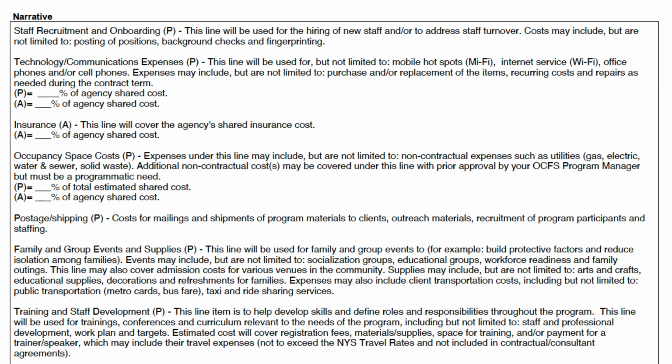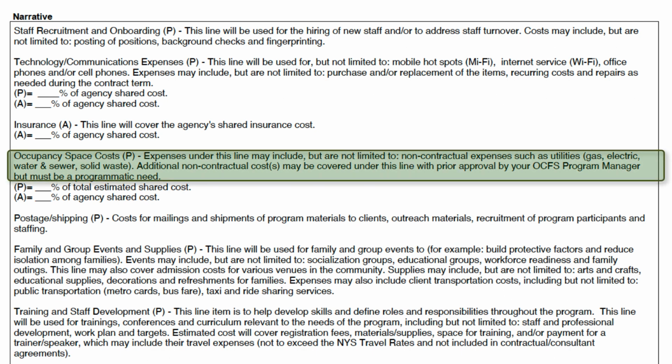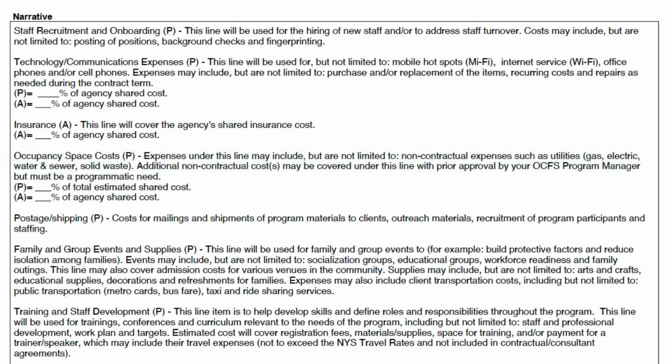For example, if you pay your electric bill separately from your rental agreement, then you should include this as a utility cost in the occupancy space cost narrative. However, if the electric is included in your rental agreement under the B4 Contractual Consultant section, then electricity should be removed from this narrative.